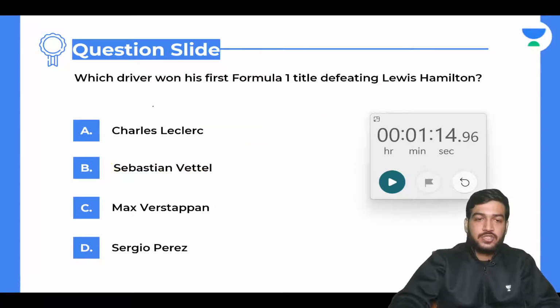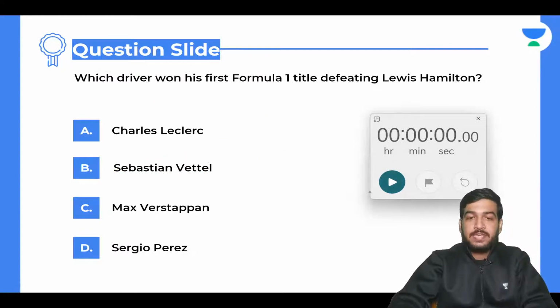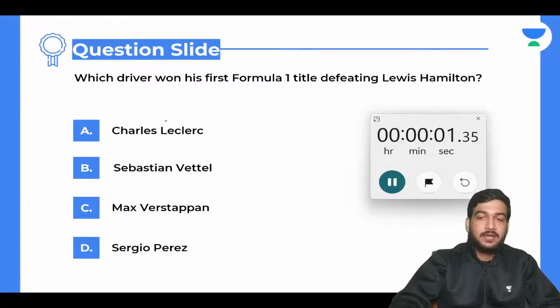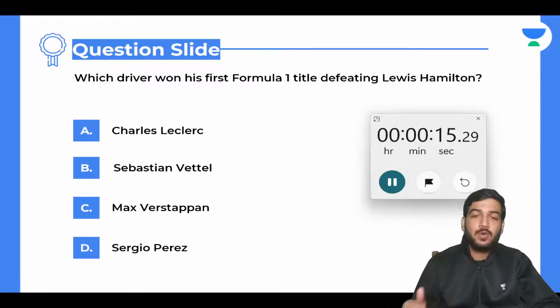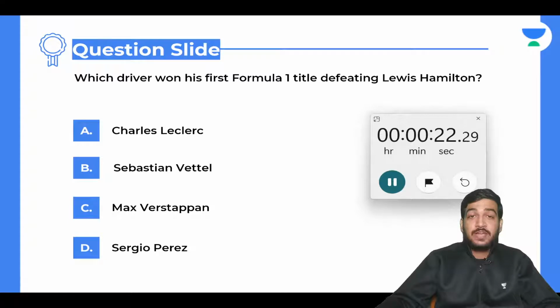Then next question. Which driver won his first Formula 1 title defeating Lewis Hamilton? This happened this weekend. Was it A. Charles Leclerc of Ferrari, B. Sebastian Vettel of Aston Martin Racing, C. Max Verstappen of Red Bull Honda, or D. Sergio Perez of Red Bull Honda?